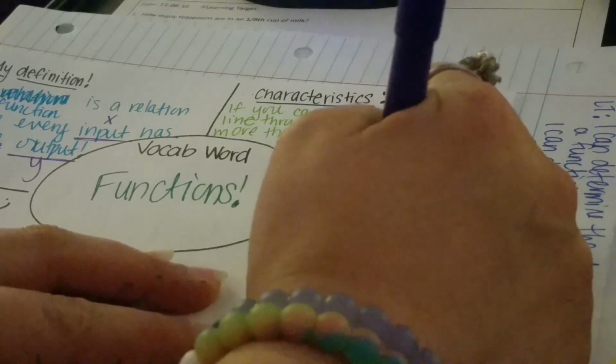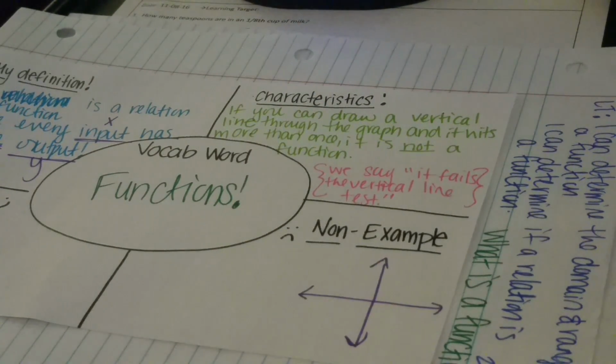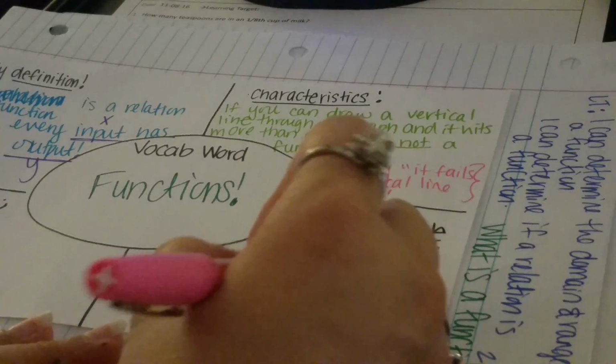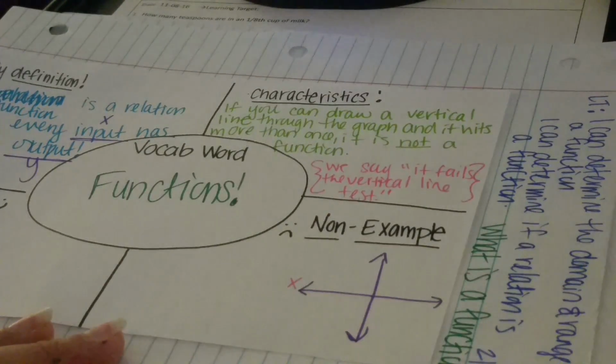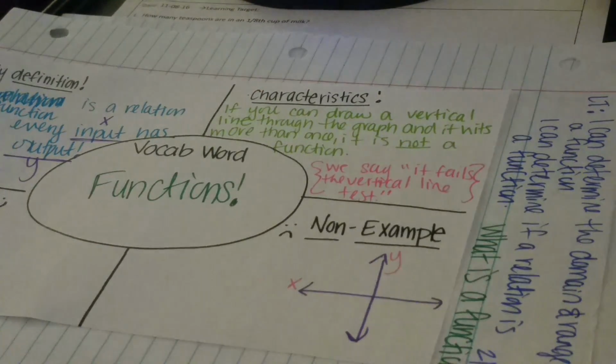Which one's X? Which one's Y? X is the one going from left to right, and Y is the one at the top. All right, so now I suggest that you get a marker to do this next part.